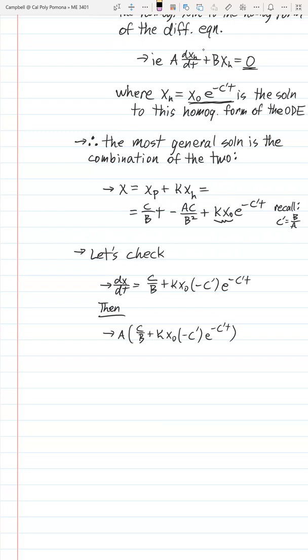And then we get plus, getting a little long here, plus b times our original overall solution, c over b times t, my apologies, minus a times c over b squared plus k x naught e to the negative c prime t, and this needs to be equal to c times t.